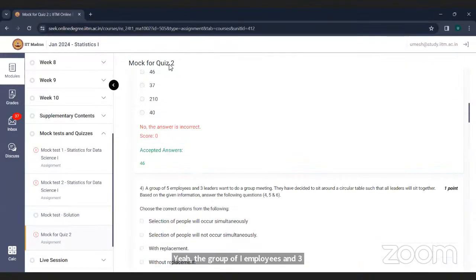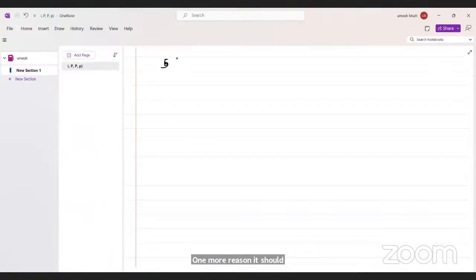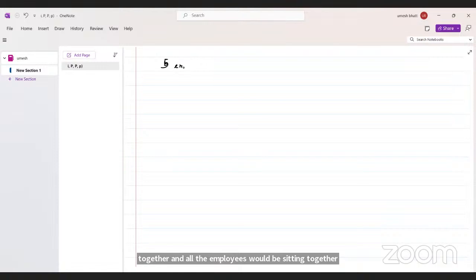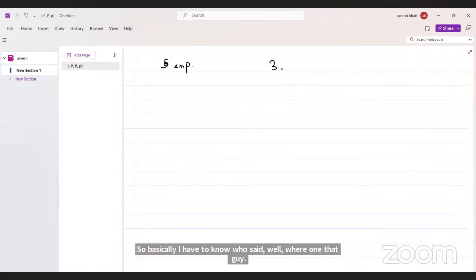Sir, one more reason it should be simultaneous is that there is a condition that all the leaders should be sitting together and all the employees should be sitting together. Without that condition, they cannot check whether they are sitting with some other person. So basically I have to know who sits where.